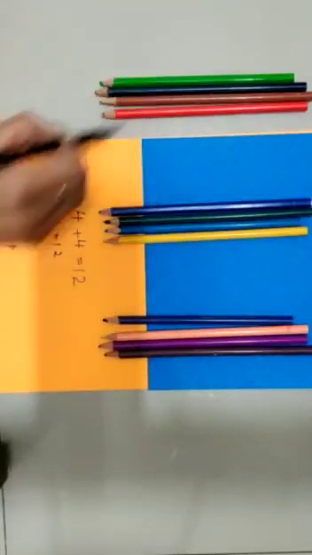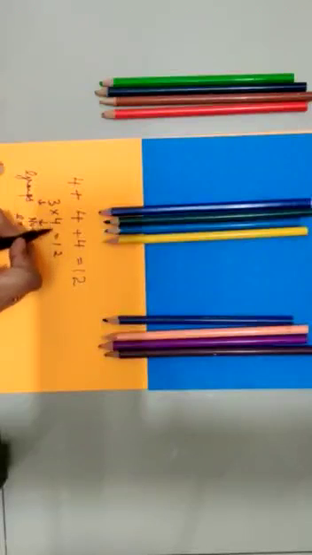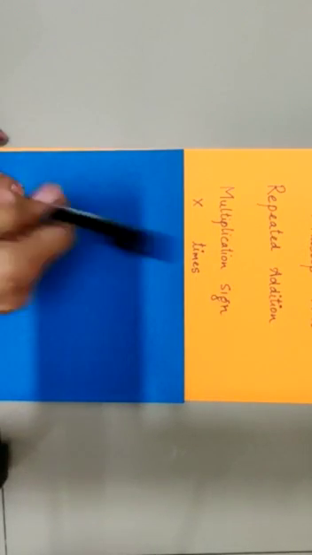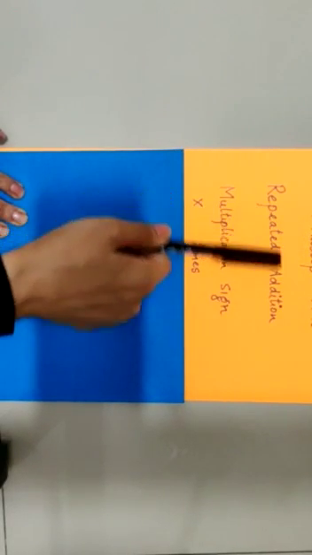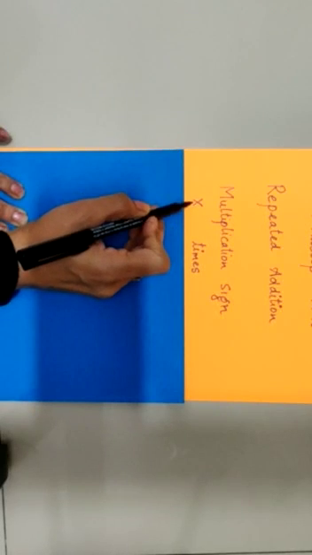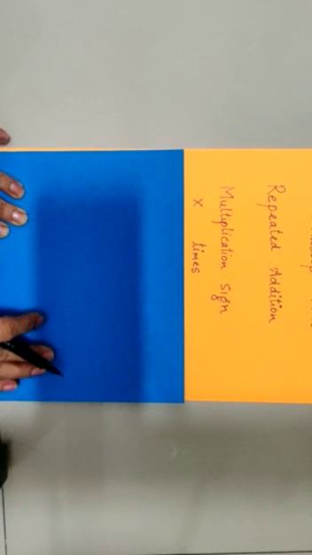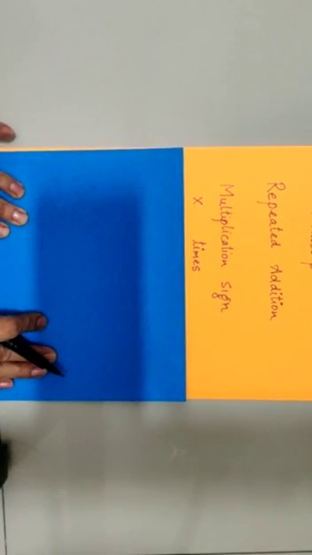In this case we have 4 pencils in each group and 3 4s are 12. Multiplication means times. So children, multiplication is repeated addition, and the sign used for multiplication means times. With multiplication, the calculation becomes very easy, very quick and also accurate.